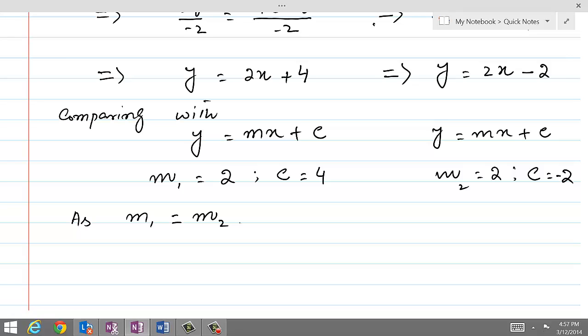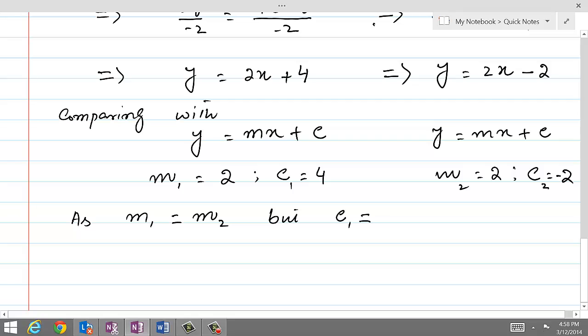As M1 is equal to M2, but, let's call this as C1 and this as C2, but C1 is not equal to C2. This means that they are parallel, they have the same slope, but their point of intersection with y-axis is different.